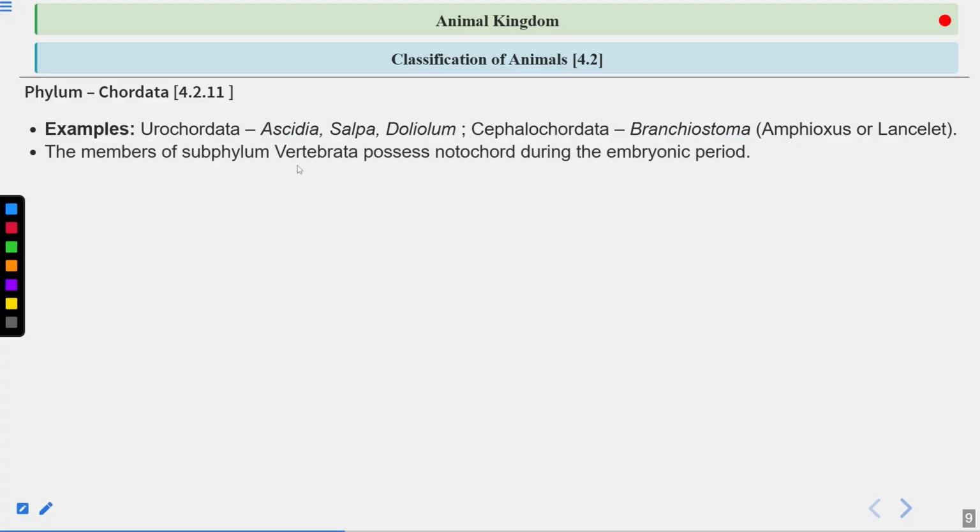The members of the subphylum Vertebrata possess notochord during the embryonic period. The third subphylum is Vertebrata, and they also possess the notochord, but only during the embryonic period.